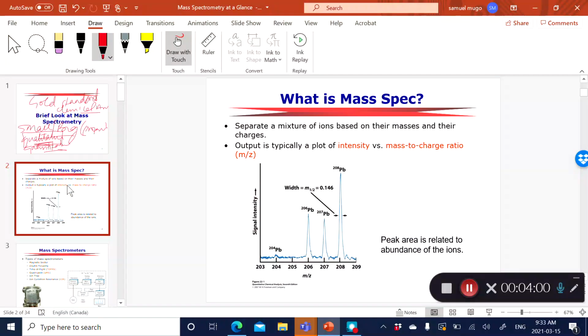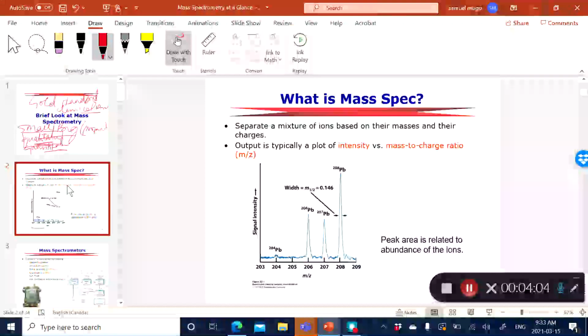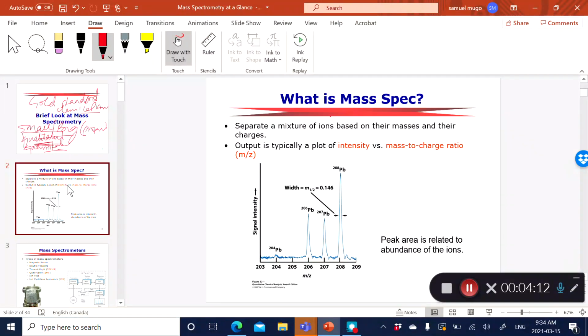Now, I think it's important for me to start here in terms of what is mass spectrometry and what types of signals does it generate. So in mass spectrometry, essentially you're analyzing ions, so whatever gets into the mass spectrometer, for it to be detected, it has to be an ion. Now remember, not all analytes exist as ions.